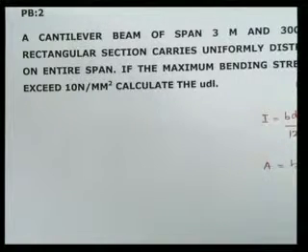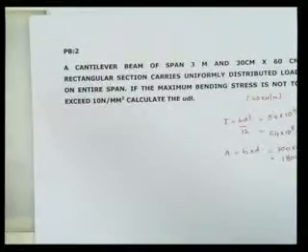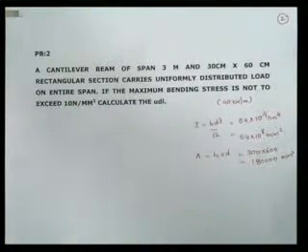It is carrying a uniformly distributed load on the entire span. If the maximum bending stress is not to exceed 10 Newton per mm square, we have to calculate the value of UDL, right? So the first and foremost step is to list down what data is given, because from that data it will be easy for you to calculate the values, right?